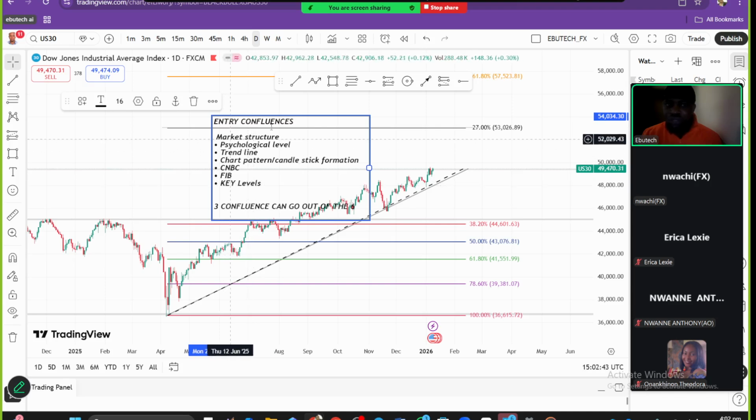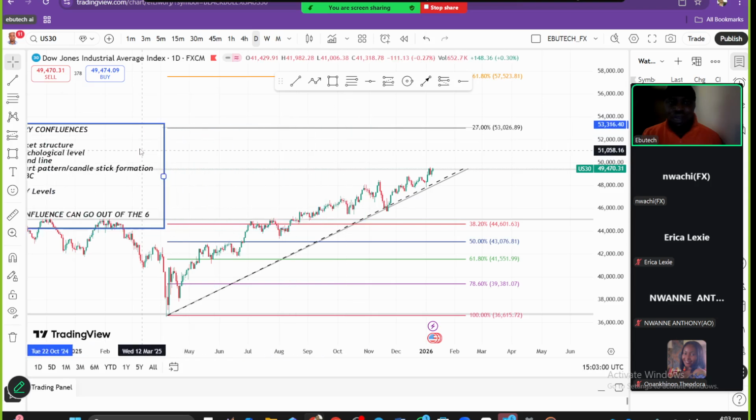You see that out of these 6 entry confluences, we have gotten 4: 1, 2, 3, 4, right? What remains is the CNBC, which is when the market opens.